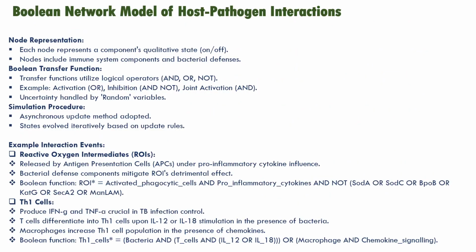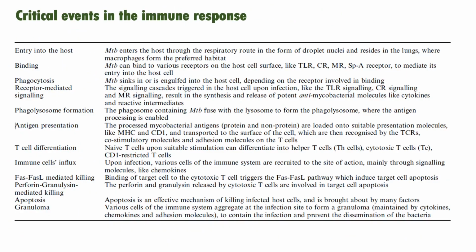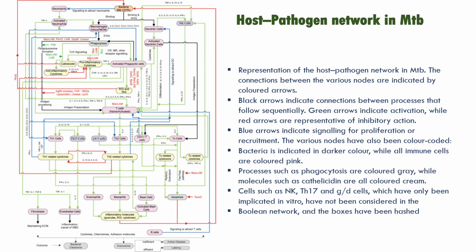So these processes that I talked about, entry, binding, these things, are shown by these black arrows. These green arrows show activation, while these red arrows show inactivation. And these blue arrows indicate signaling for proliferation or recruitment. And the various nodes have also been color coded.